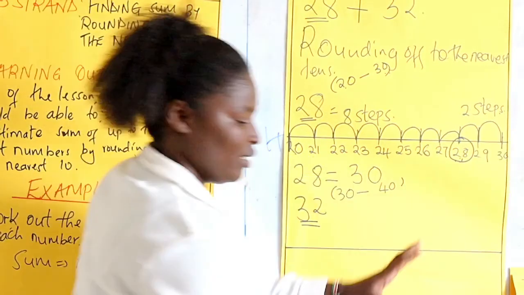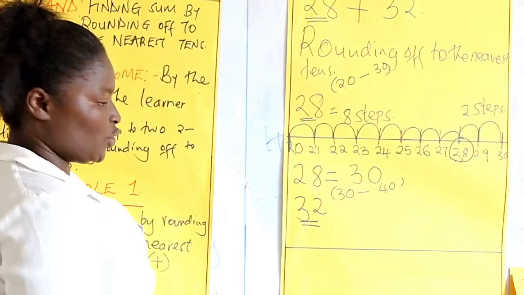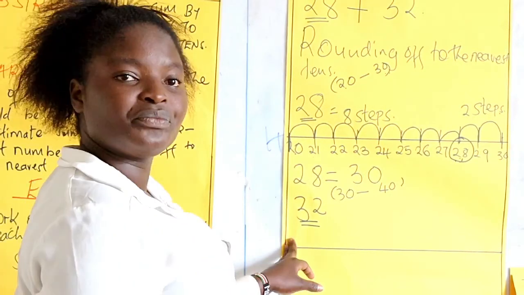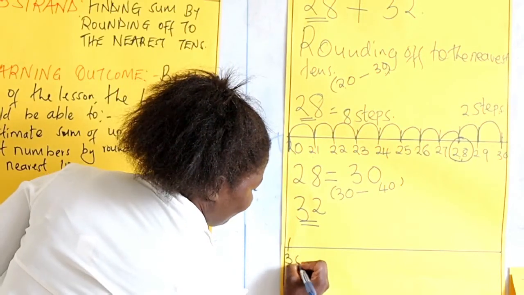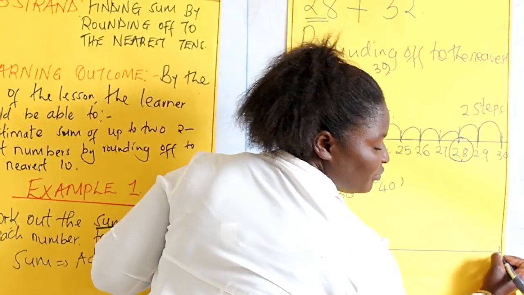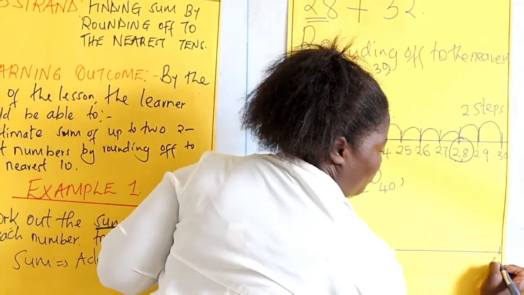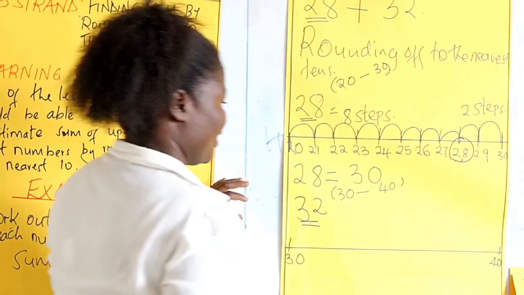Learners, our number line is going to start from number, very correct, number 30, and end with number 40. Very correct.